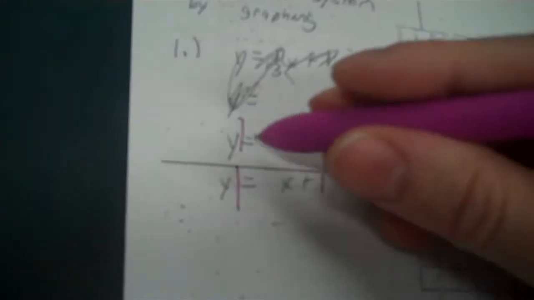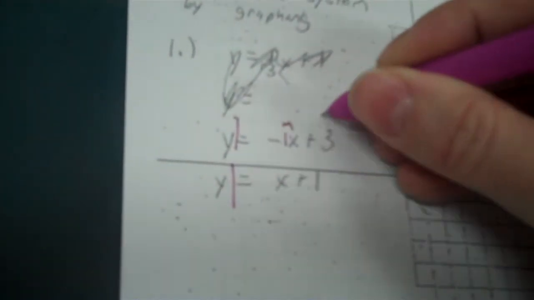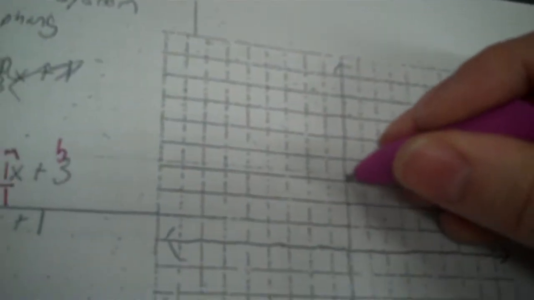Okay, if the y is by itself, label your m and b. So plus 3, 1, 2, 3, then go down 1, forward 1, down 1, forward 1, take a ruler, graph it.